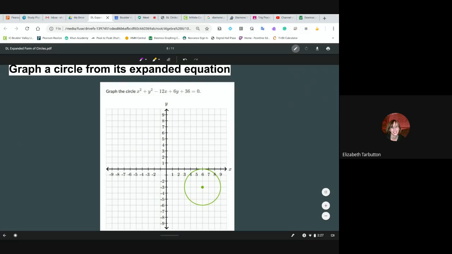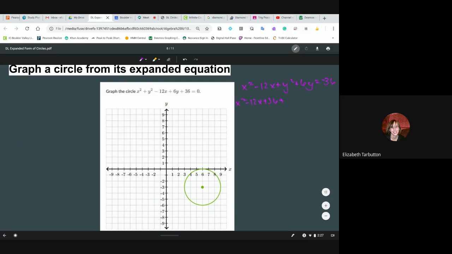Okay. Here's another example of a Khan Academy practice I'm going to have you do today. I've given you the expanded equation of the circle, and we can utilize the information that we just had to put it into our standard form. So x squared minus 12x plus y squared plus 6y equals negative 36. X squared minus 12x plus 36.